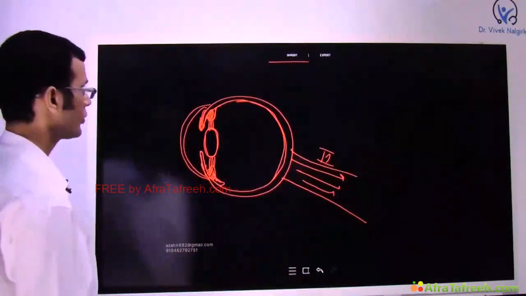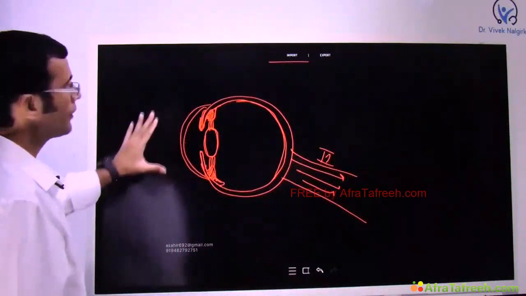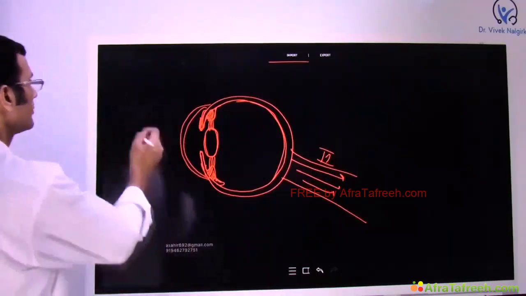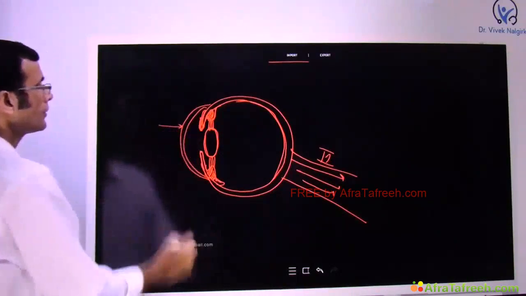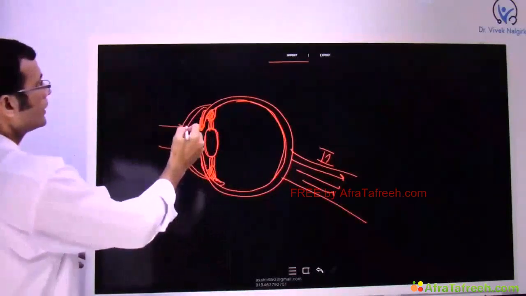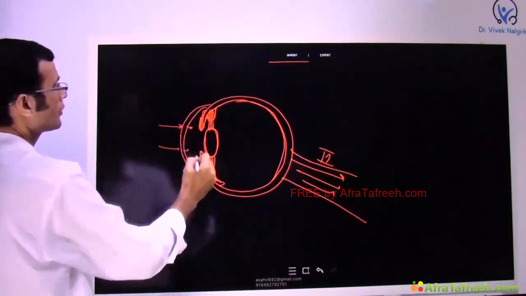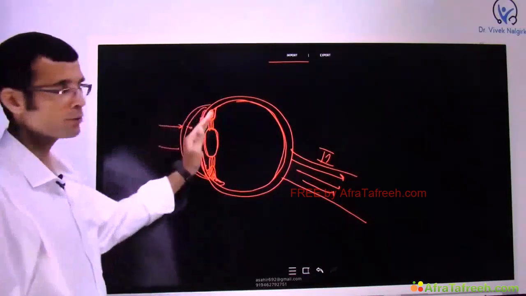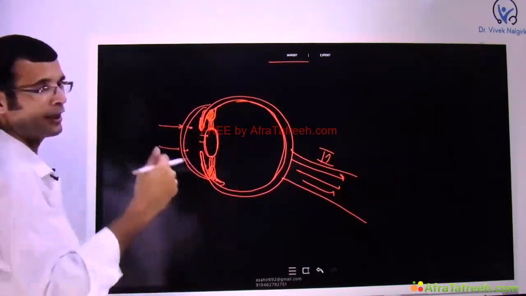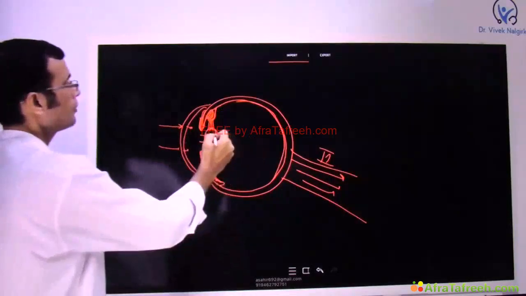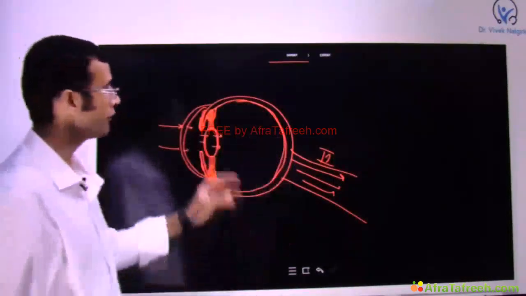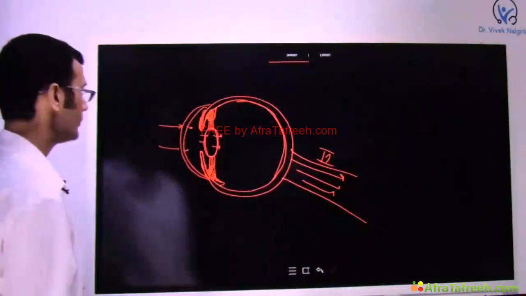In our eyeball, refraction occurs at four different surfaces: the anterior surface of the cornea, where light rays enter from air to cornea; then the posterior surface of the cornea, from cornea to the aqueous humor; then the anterior surface of the lens, from aqueous humor to the lens; and then the posterior surface of the lens, where light rays exit the lens and enter the vitreous, finally forming the inverted image on the retina.